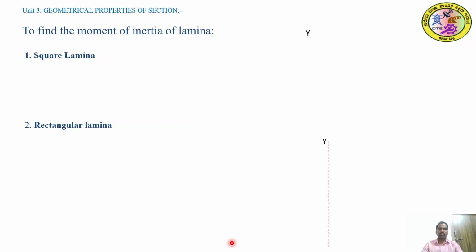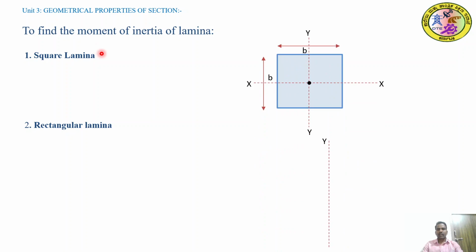To find out the moment of inertia of the square lamina, in the given square, the width of the square is b and the depth is also b. We have given a reference axis as xx and yy. Since it is symmetrical about both the axes, the Ixx, that is the moment of inertia about x axis, and yy axis is b power 4 divided by 12, where width is b.